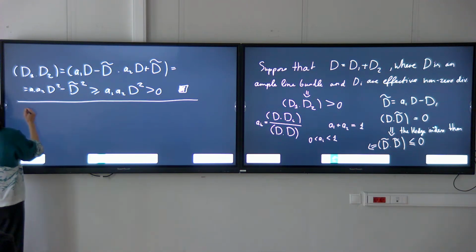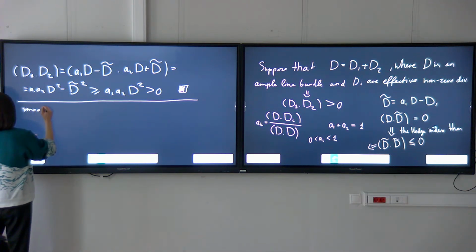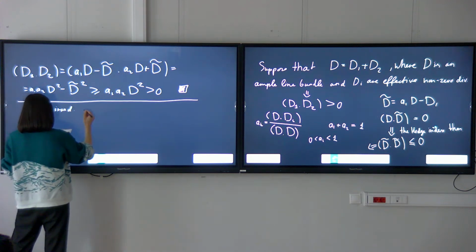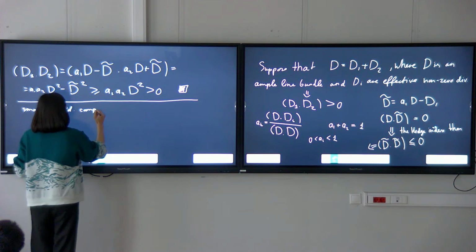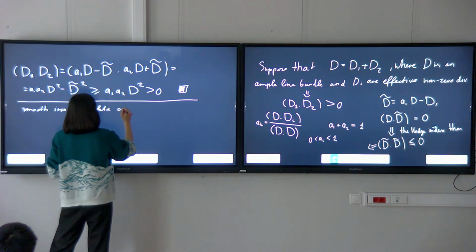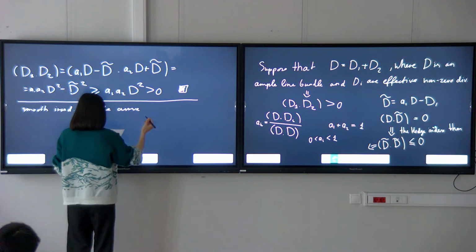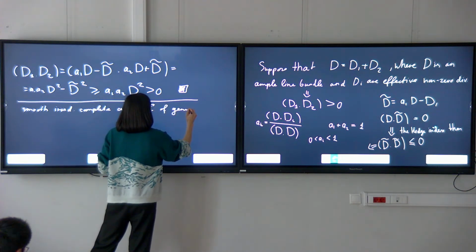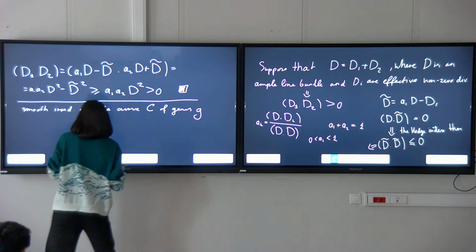So suppose that we have a smooth, irreducible, complete curve C of genus g.